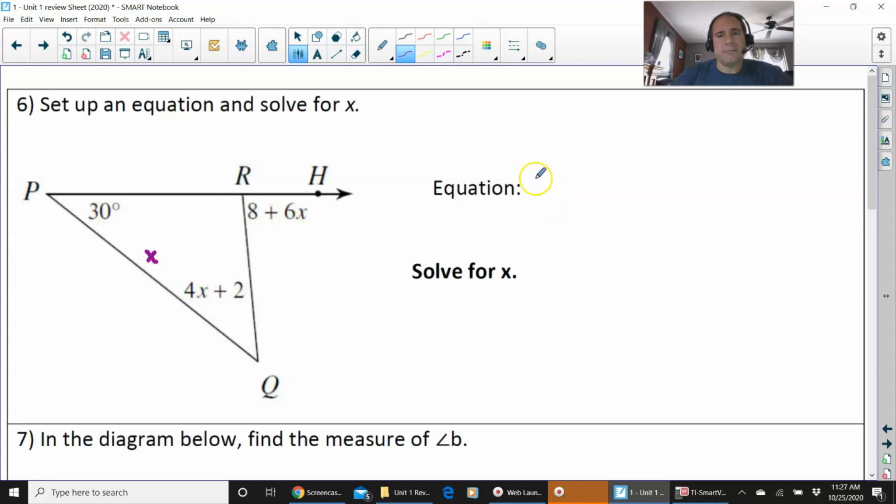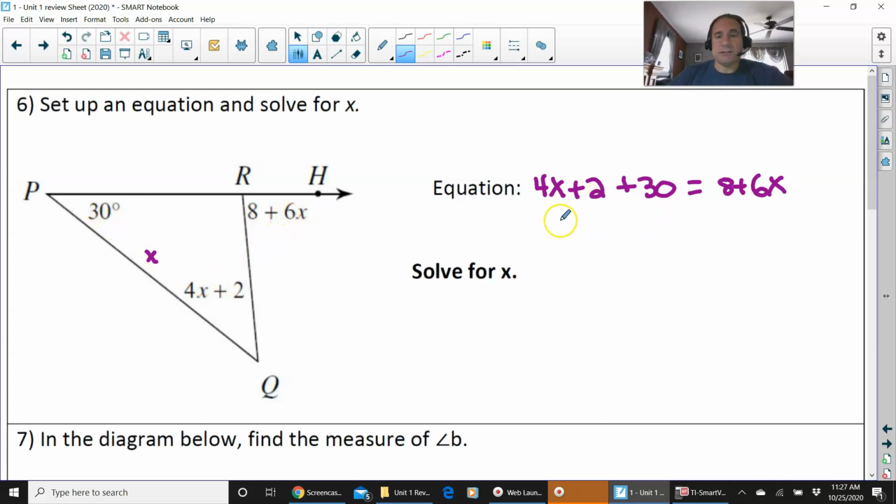So we're going to set the equation 4x plus 2 plus 30 is equal to 8 plus 6x. The sum of the two non-adjacent interior angles is equal to the exterior angle. All right, that's it. This plus this equals that.